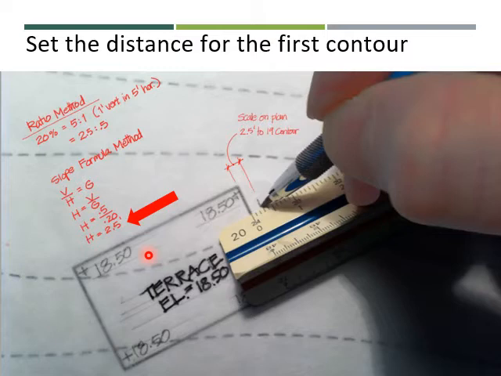So if we were going to go uphill from 18.5, the next contour we're going to be looking for is 19. So we actually want to know, to get to 19 as a horizontal distance, the vertical difference between 18.5 and 19 is 1/2 of a foot. So we're actually going to do the calculations for going up 1/2 of a foot.